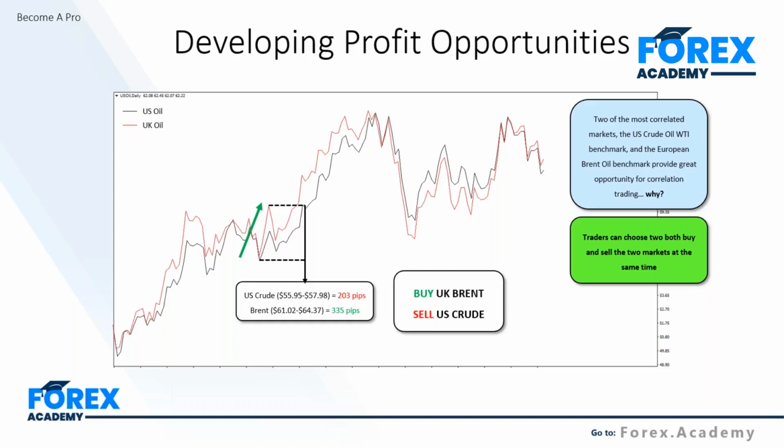We effectively take a 203 pip loser in the US crude oil market, but we are long the Brent market. Again, we are effectively able to gain 335 pips given its outperformance and strength. What we've been able to do there, guys, is avoid all the volatility in this move. Really, to suggest a trade, we're trying to avoid the volatility, and it gives us 132 pips profit on the trade.